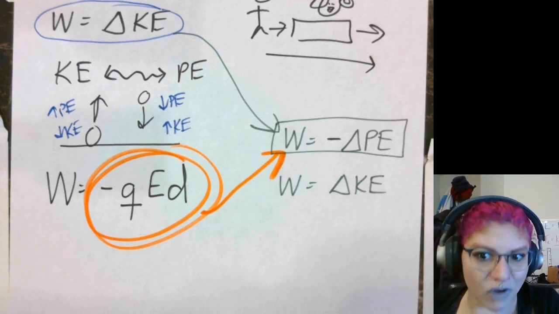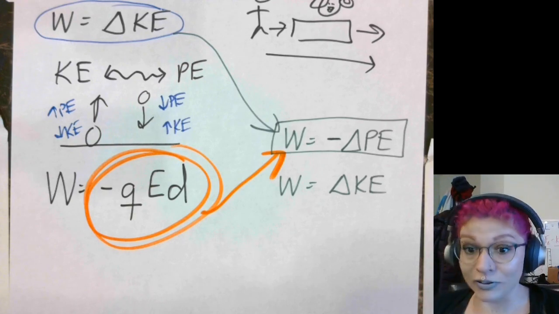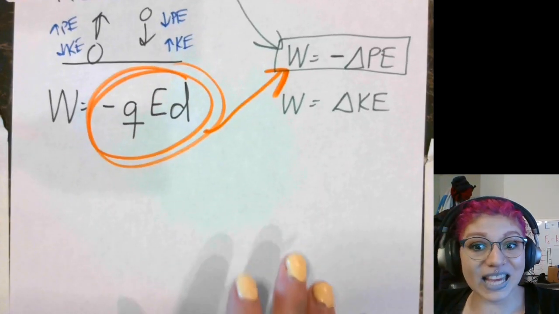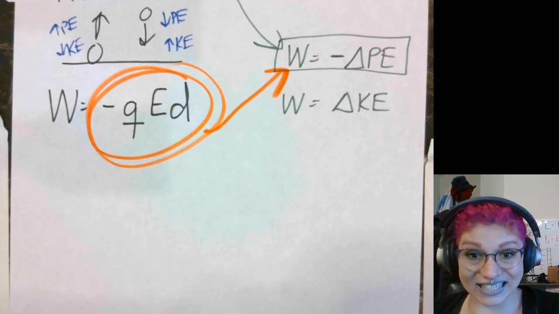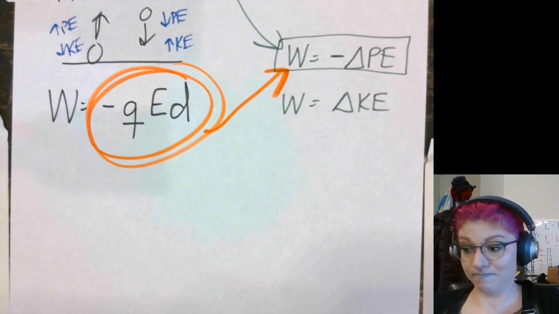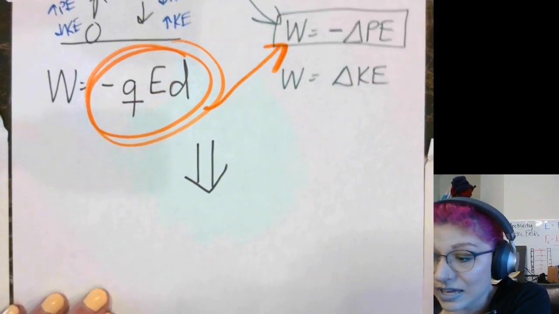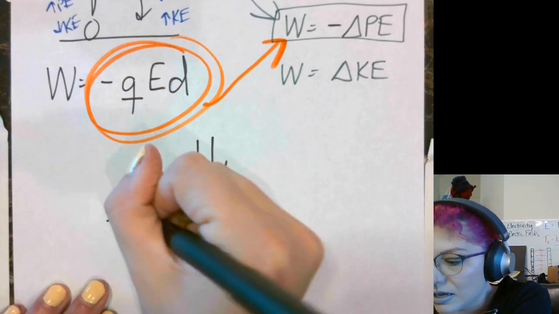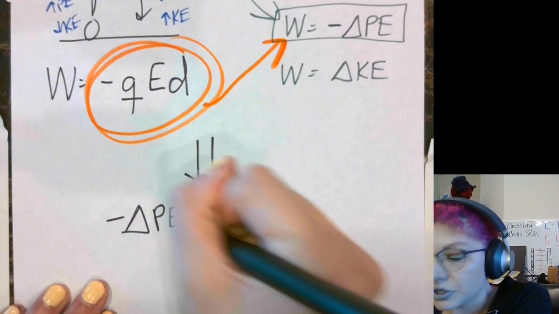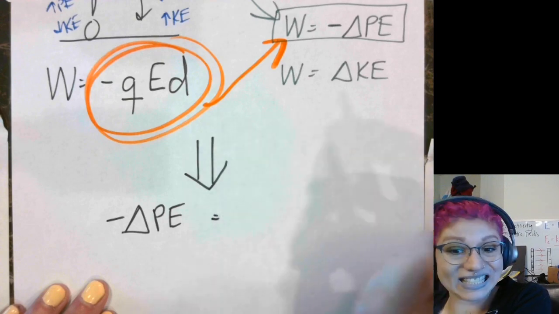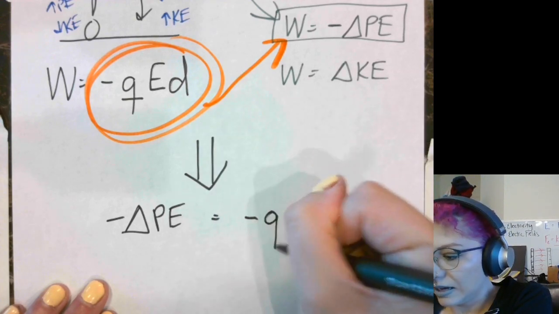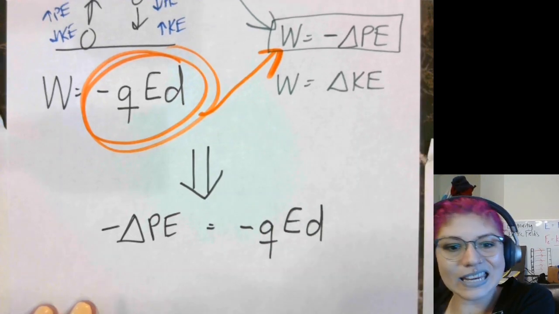Now we're directly relating the potential energy of an electric system to the work. When I do this, the equation I get is negative potential energy change is equal to negative QEd.